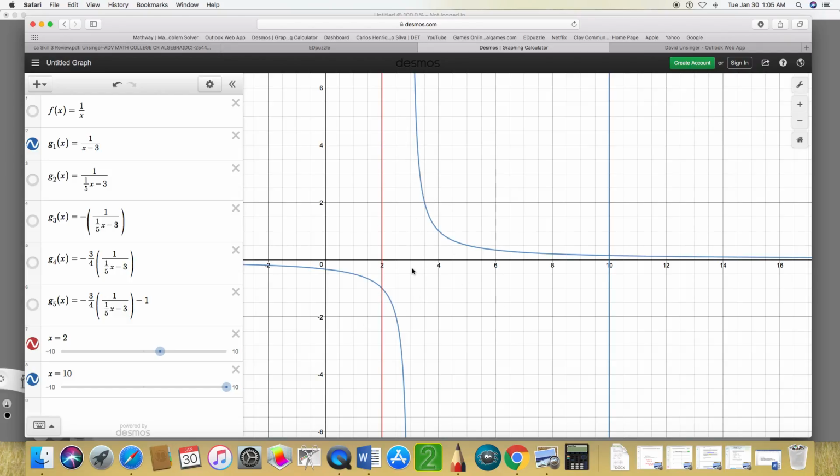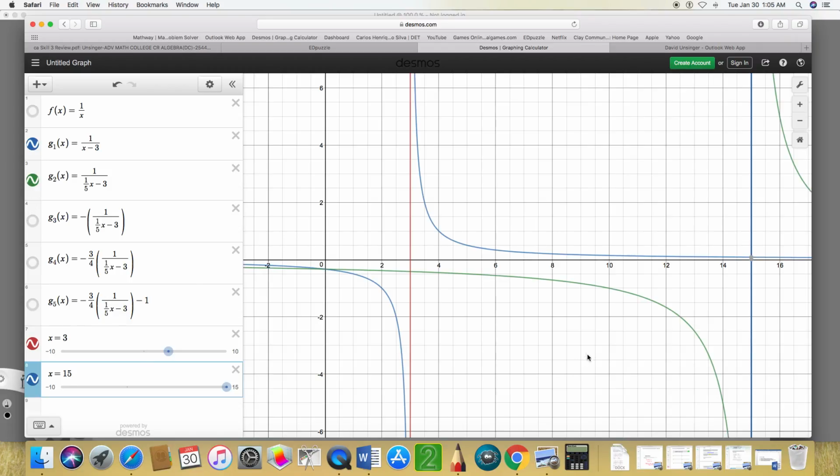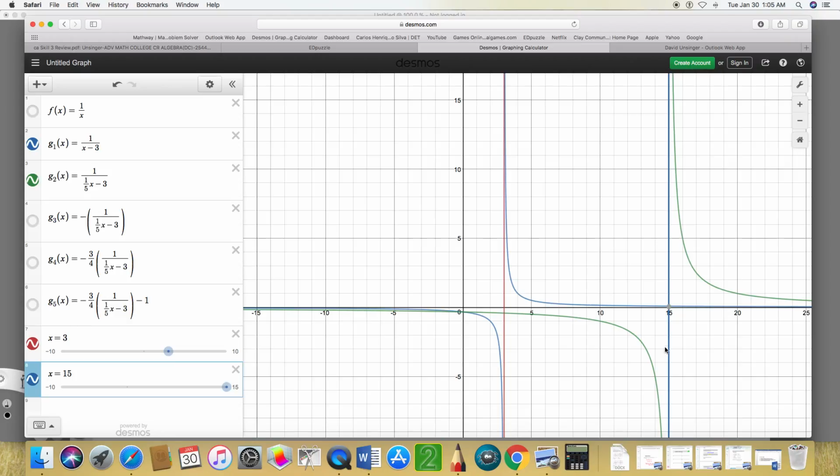No, that's not approaching. Oh, it's 3. I'm sorry. And so 3 times 5, it's going to get close to 15. Sorry about that. You see how the blue graph is getting close to that red line but never touching it? Well, now this new function is going to get close to this other blue line, this x equals 15, without touching it. You see, let's shrink out a little bit, and there you can see it.